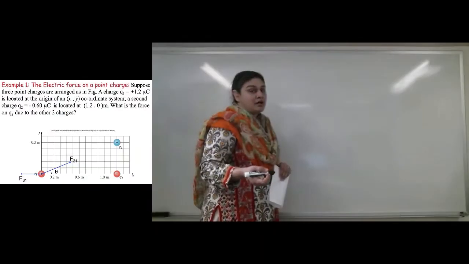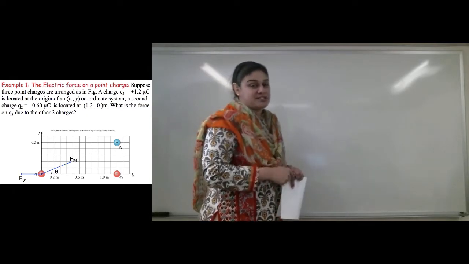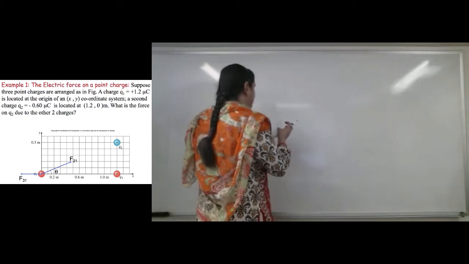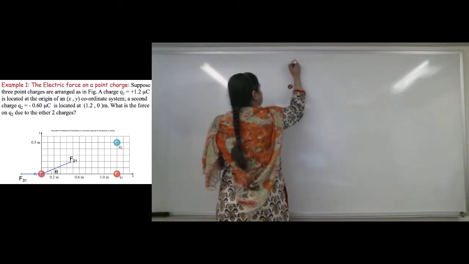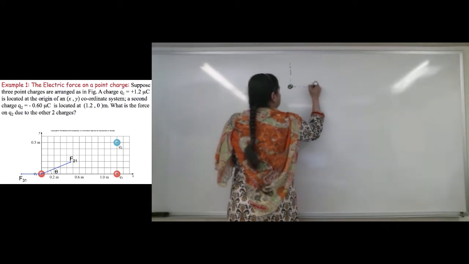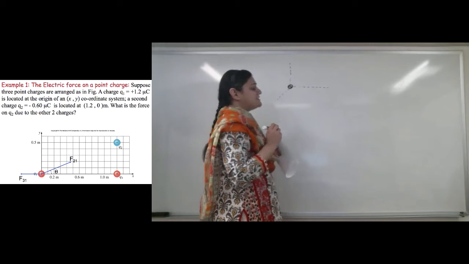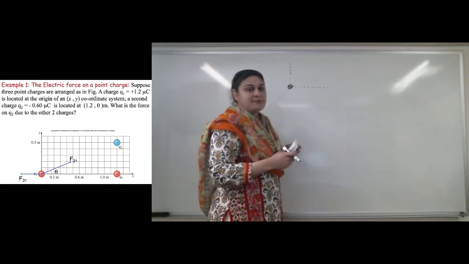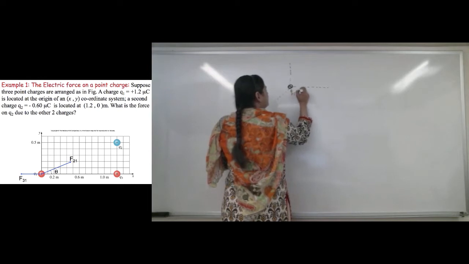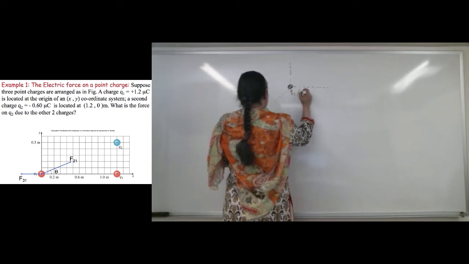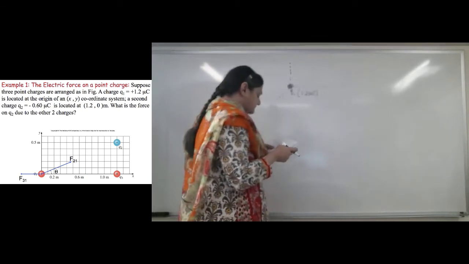In order to solve a problem like this, first of all, let's draw what the coordinate system is going to look like. I'm going to suppose that this is where my origin lies. This is my XYZ coordinate system. My Q1 lies at the origin, and it is 1.2 microcoulomb.